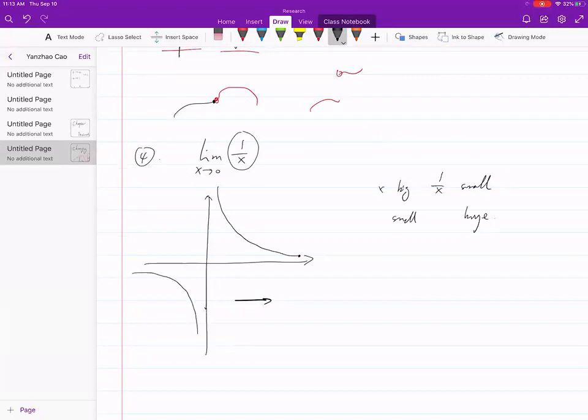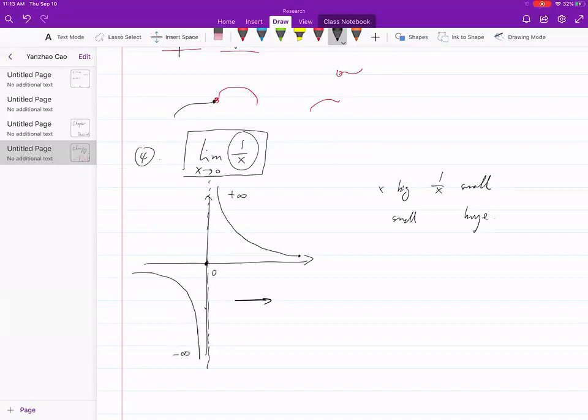Now what's your answer? What's the limit of this function at exactly here? Well, it depends on which side you're looking at, right? From the right, what's the limit? Positive infinity. Starting from the left, what's your value?